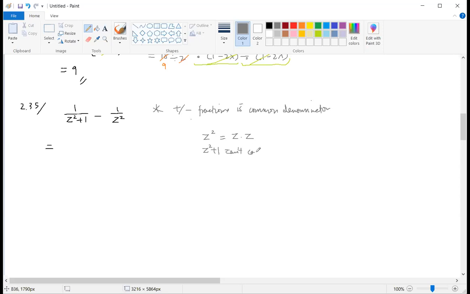So the LCM, you just have to multiply them. So here the common denominator is just multiplying them. And then from here to here, bottom multiply this, top multiply this. So this is 1 times (z squared minus 1), bottom times (z squared plus 1), top times (z squared plus 1).